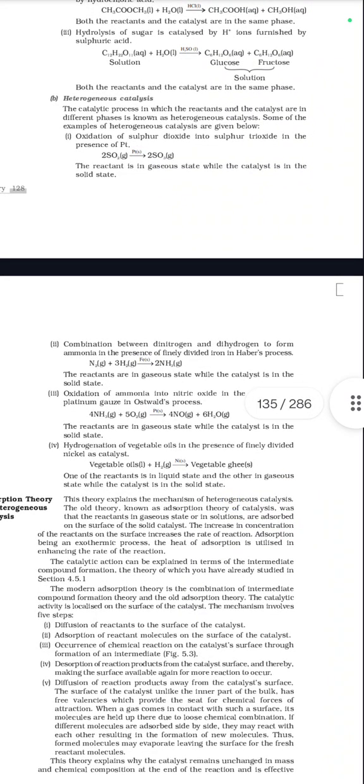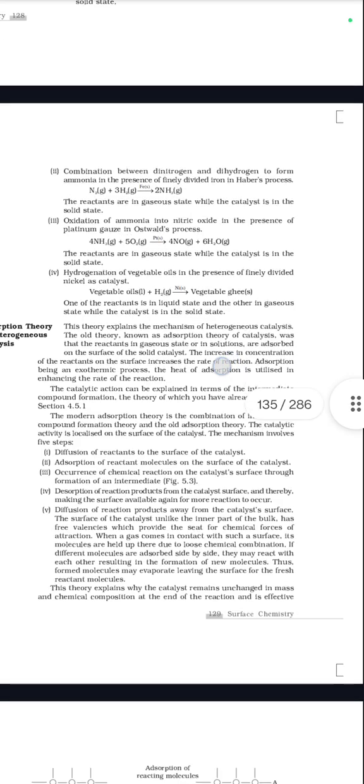The catalytic process in which the reactant and the catalyst are in different phases is known as heterogeneous catalysis. Some examples of heterogeneous catalysis are oxidation of sulfur dioxide into sulfur trioxide in the presence of platinum. The reactant is in a gaseous state while the catalyst is in a solid state.